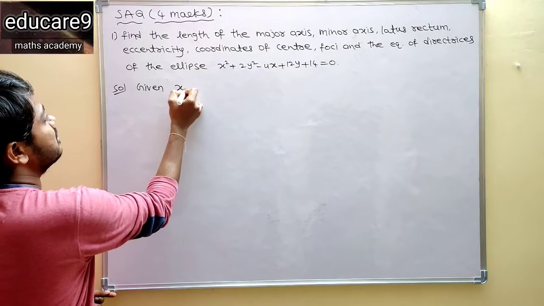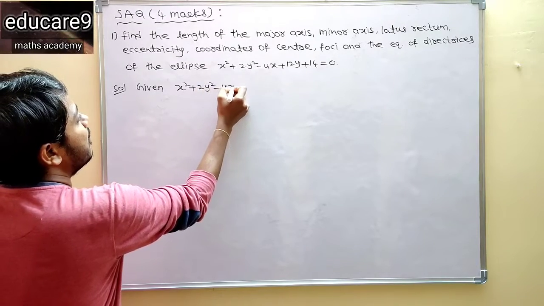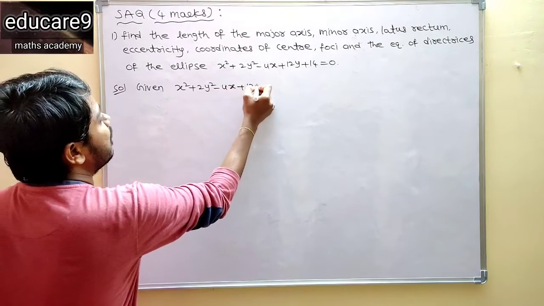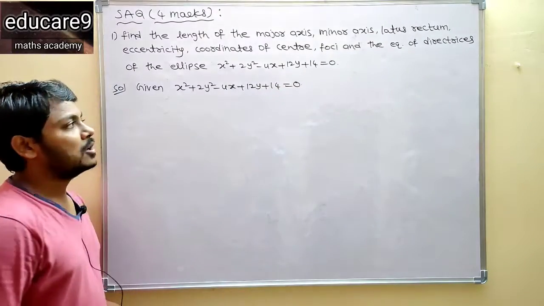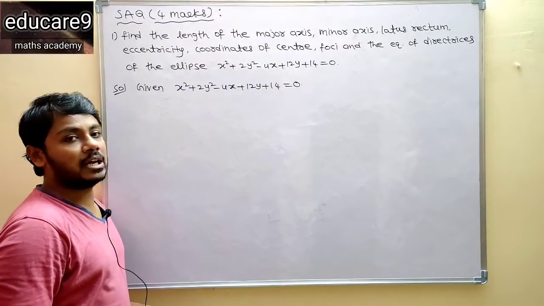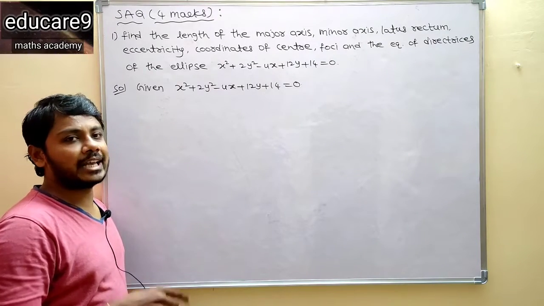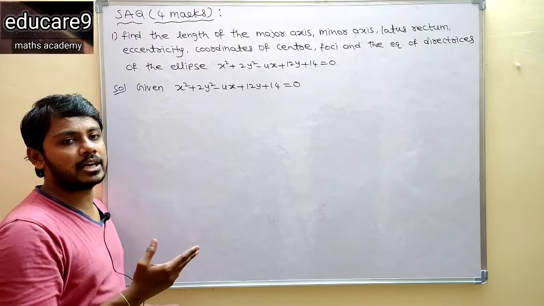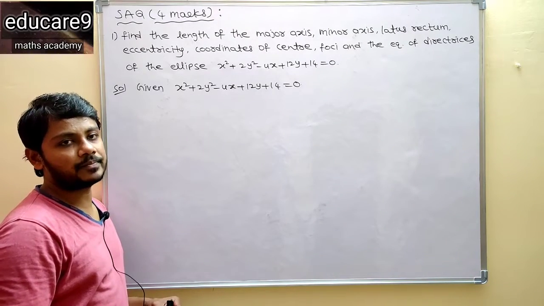The given equation is x square plus 2y square minus 4x plus 12y plus 14 equals 0. So you can change this equation into the ellipse equation. So that equation is what? (x minus h) whole square by a square plus (y minus k) whole square by b square is equal to 1.